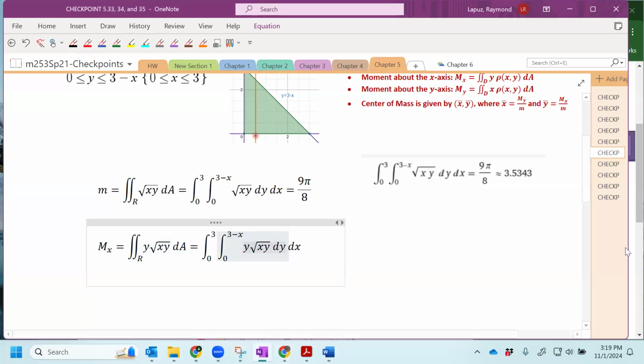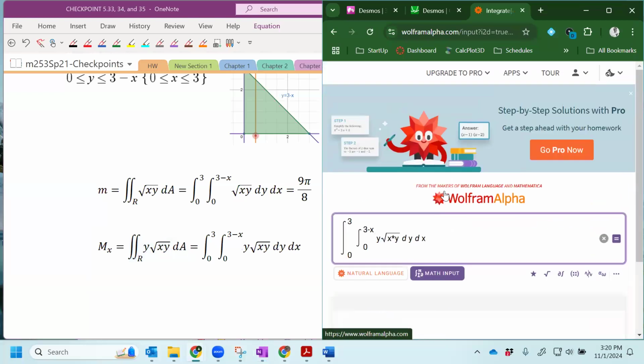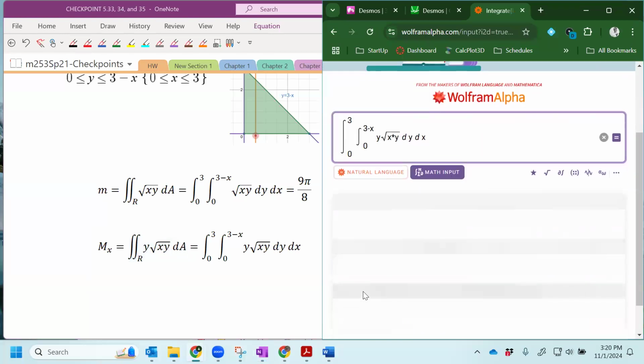So let's go ahead and have Wolfram do the work for us, where we'll multiply this by y, and it'll give us our Mx value. It takes a little bit of a minute here.